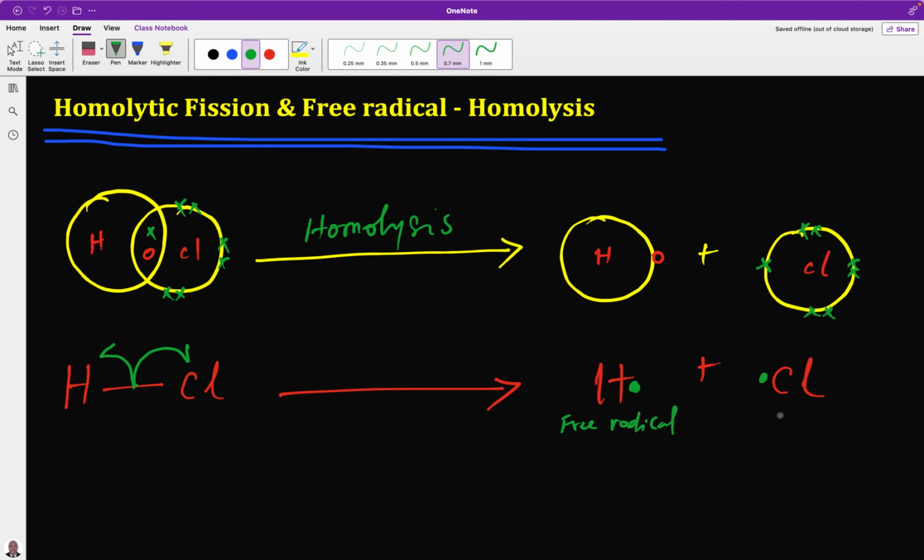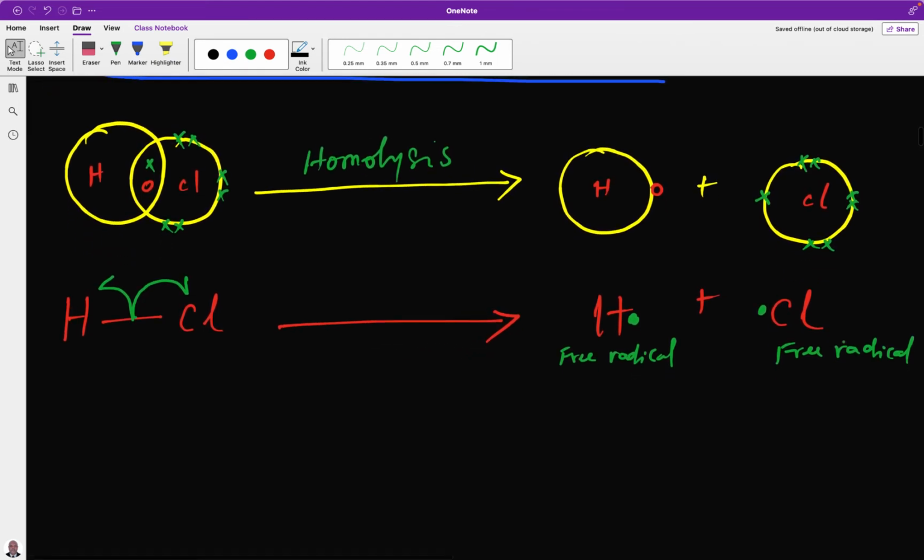This is a free radical. They are very, very reactive. We call them free radicals because they are having an unpaired electron.